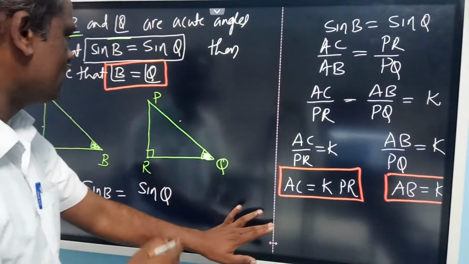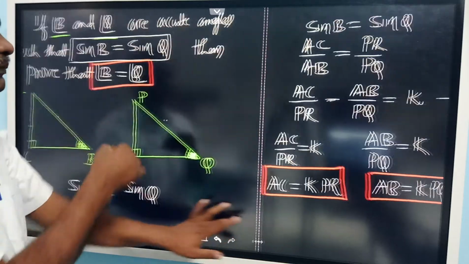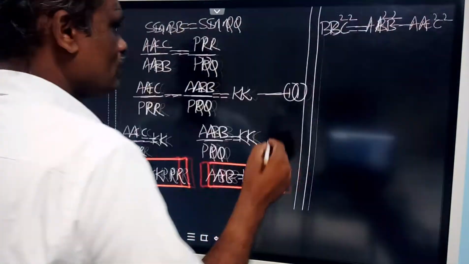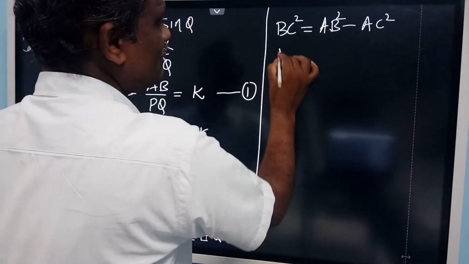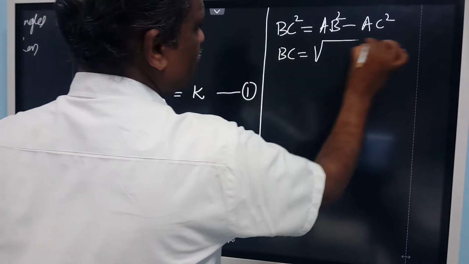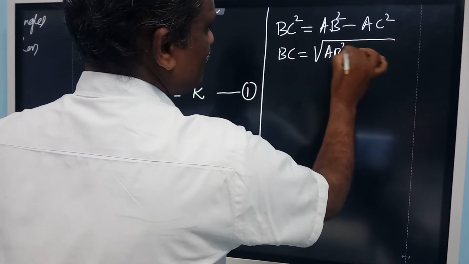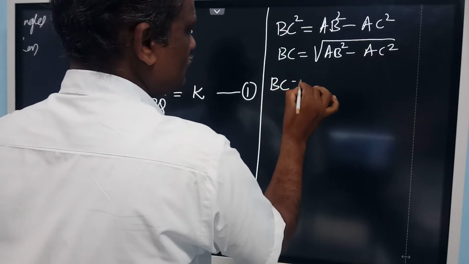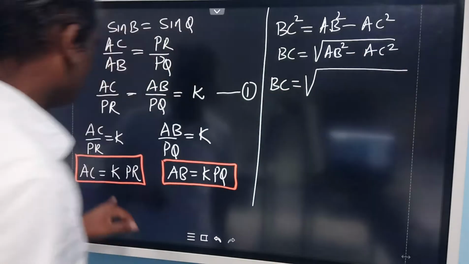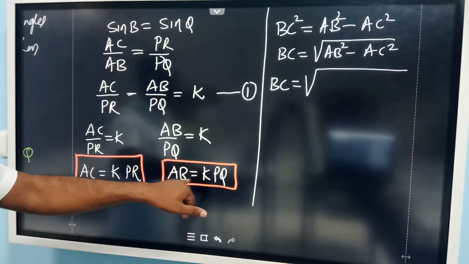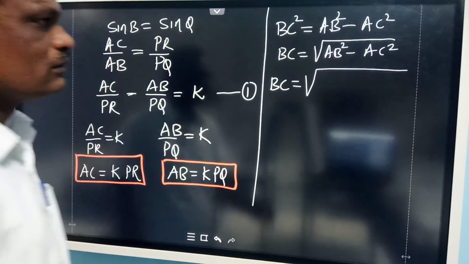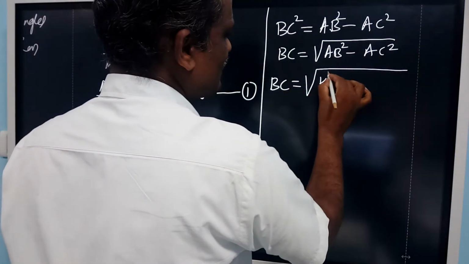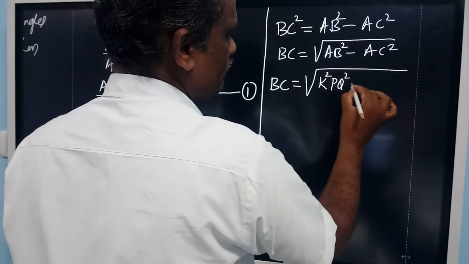Similarly, QR square is nothing but PQ square minus PR square. First let us see BC is equal to root of AB square minus AC square. What is AB here? AB is equal to K into PQ, so it becomes K square PQ square.